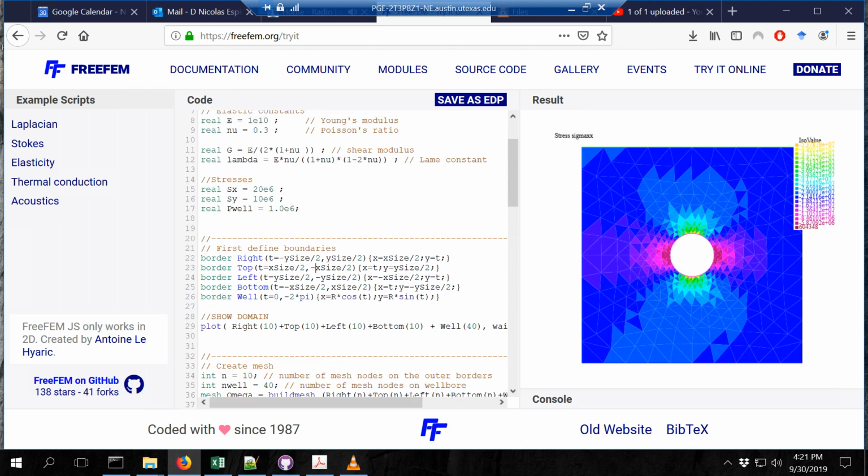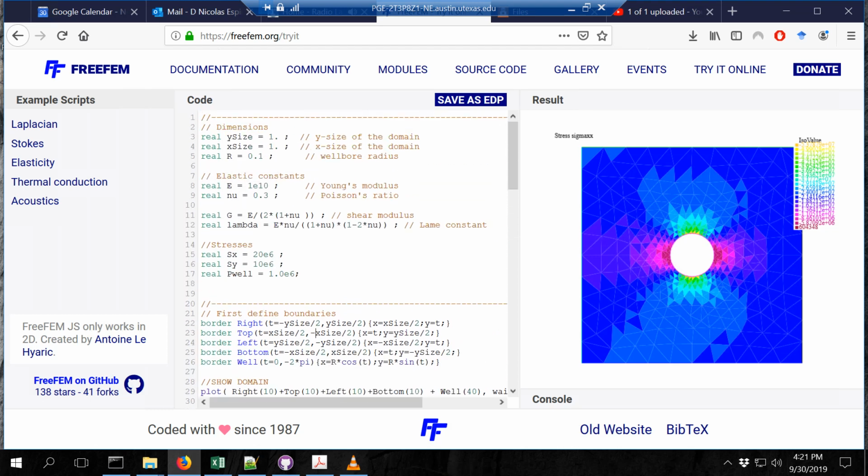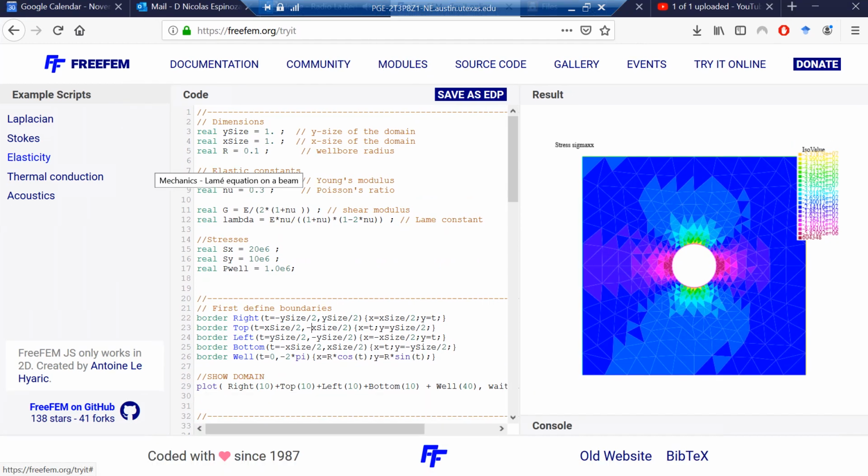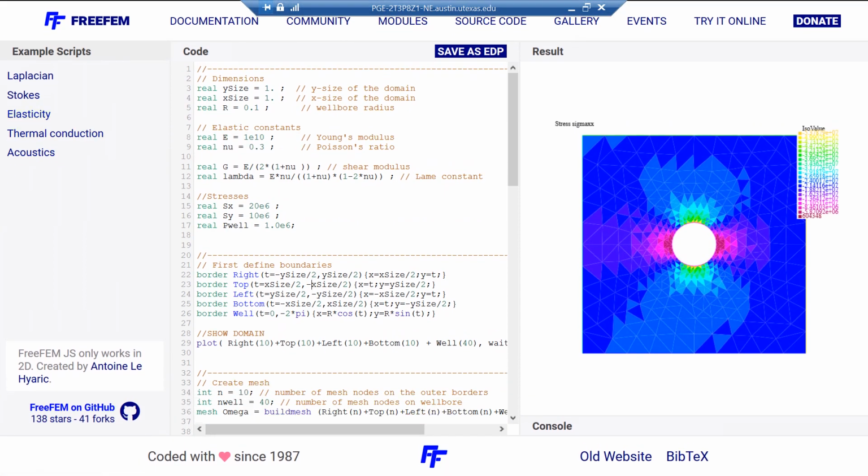You just copy the code in here and this is what you're going to get. All right? So let's actually try it first online. And then we'll go to the actual software, because there are some things that you're not going to be able to do online, so you have to install it at some time.